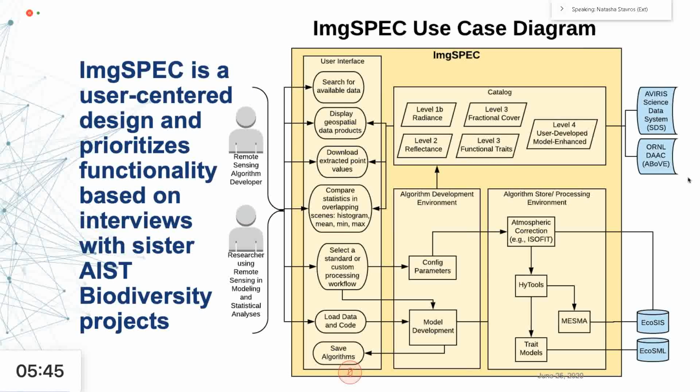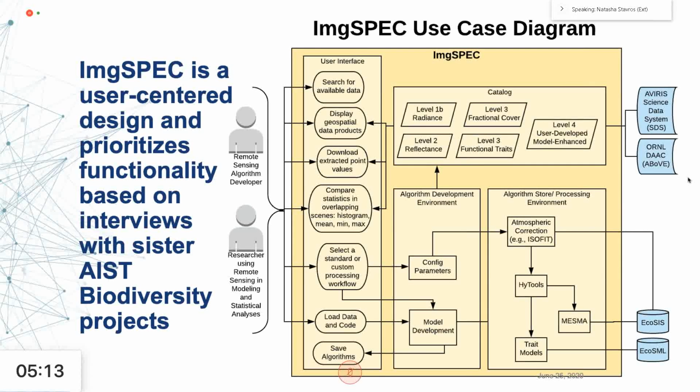But generally, we think of these users as remote sensing algorithm developers and researchers who are interested in statistical analyses or models. The first 4 little bubbles there in the user interface are pretty standard. You see those in most data portals: search for available data, display geospatial data products, download and extract point values, maybe compare some statistics, maybe some on-demand analytics.